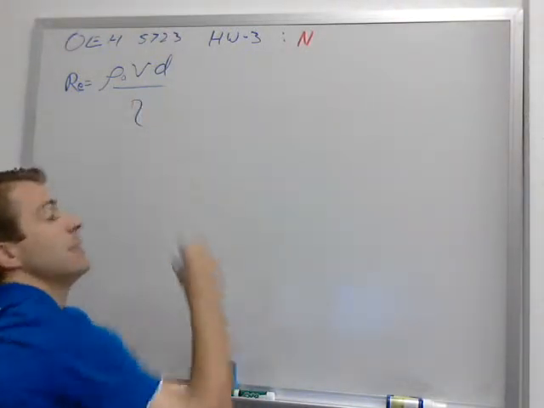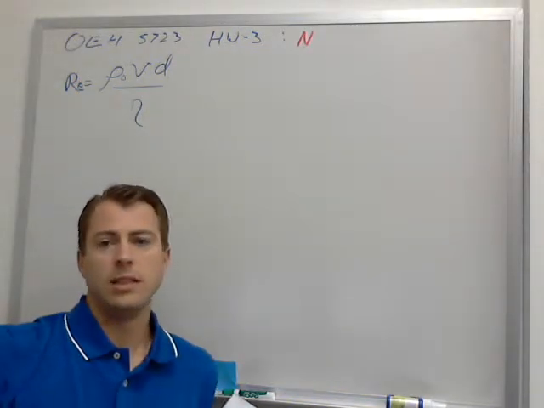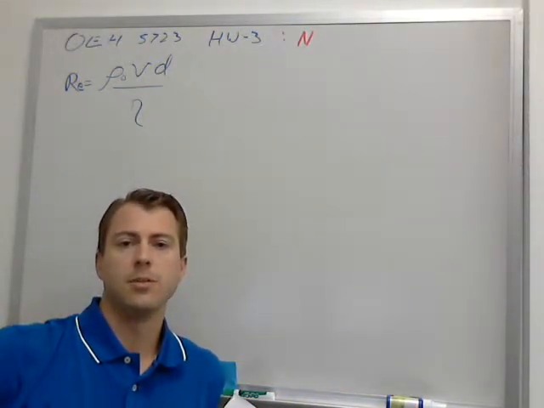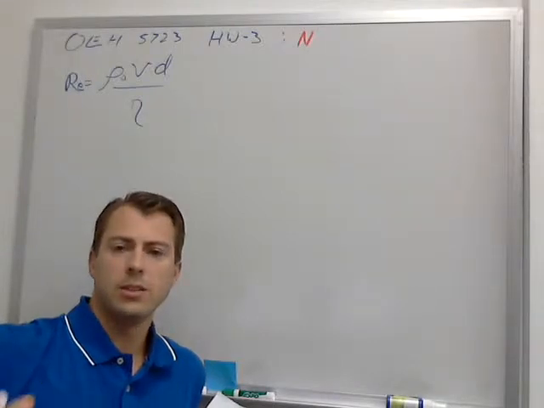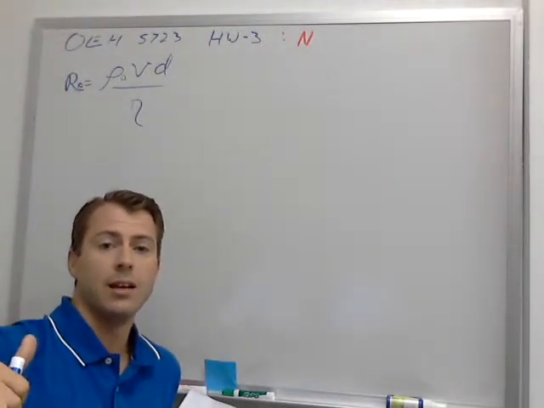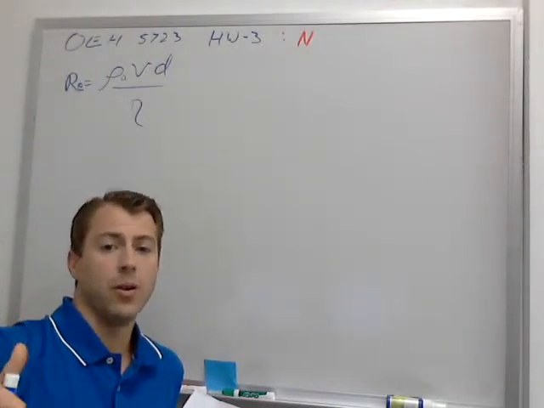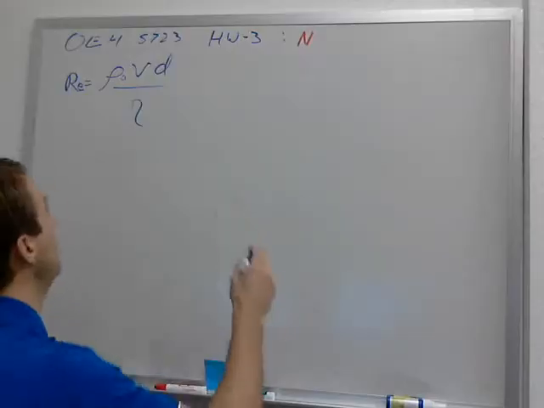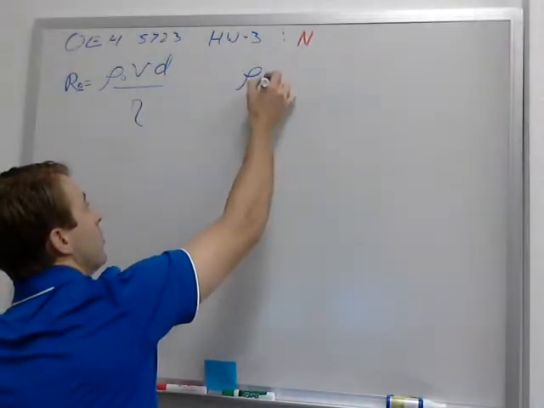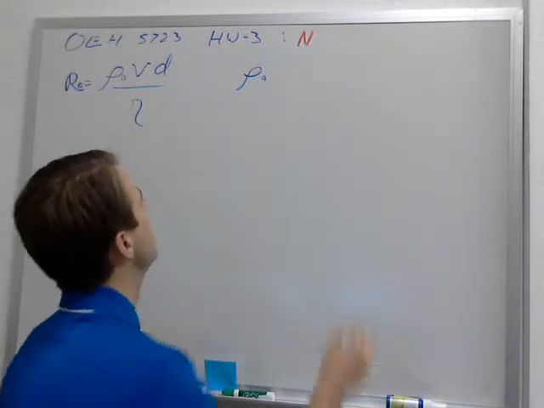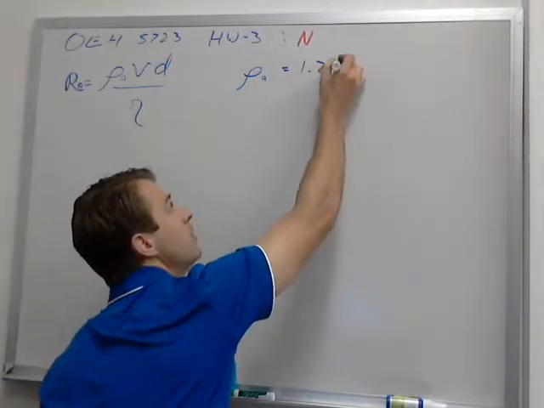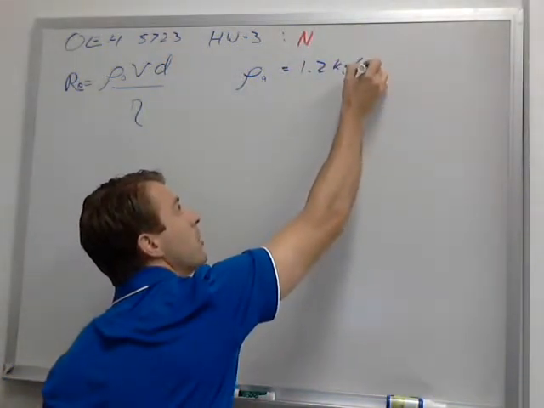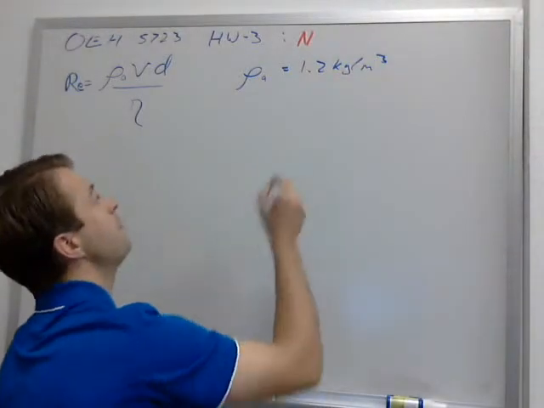So the constants to these are really easy to find. We've gone over them in class a number of times. But the tricky thing here is just remember that we're referencing air and not the particle density. So rho of air is, I believe, 1.2 kilograms per cubic meter.